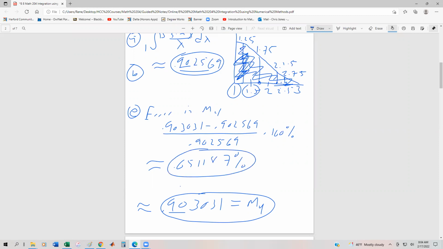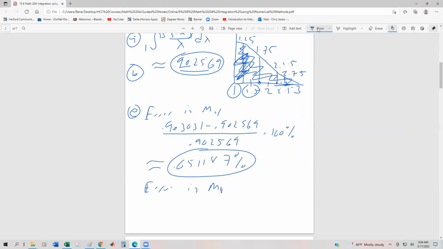Right? Now we're going to do the same thing to find the error in M8. We're just going to do the exact same formula, except we're going to replace this value right here, the 0.903031. So let's just erase that.